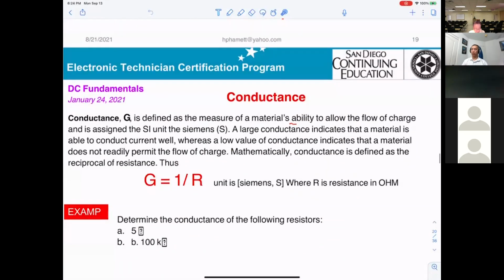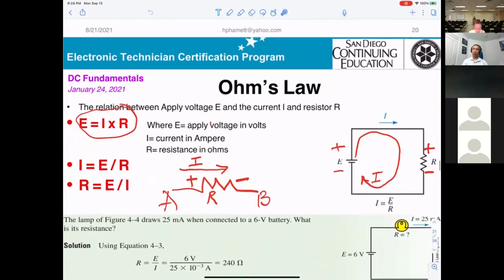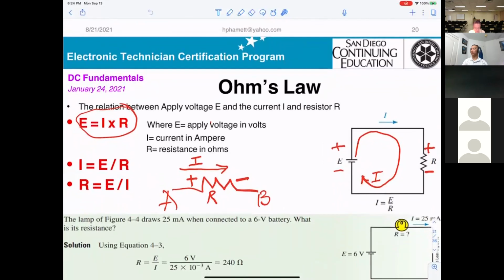Okay, conductance, that's just the opposite of the resistance. And now we're talking about Ohm's law. Okay, and the first thing is if you get the voltage supply E and you get the resistor R and you get the current I flowing.